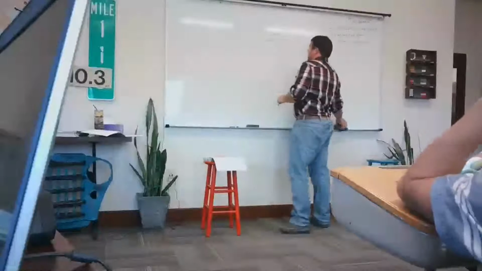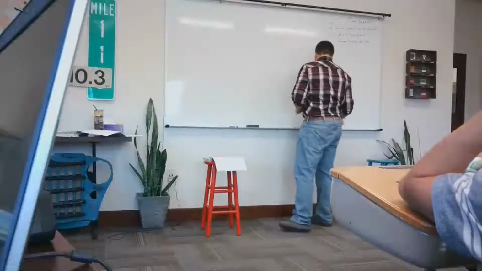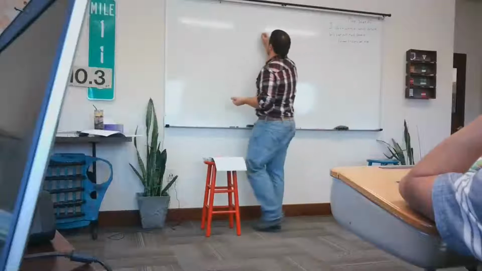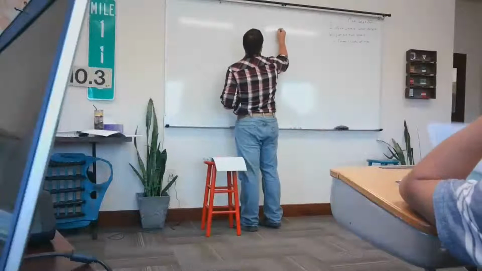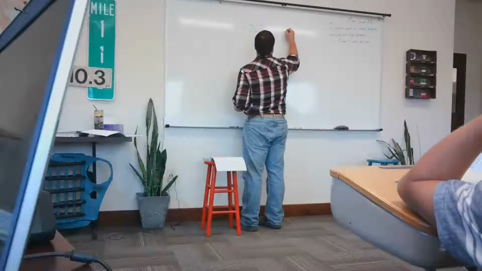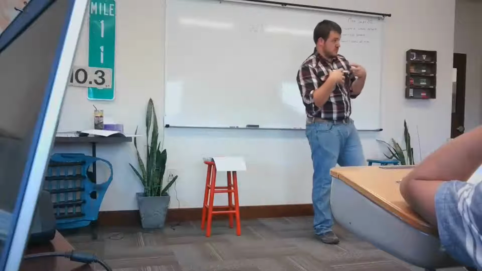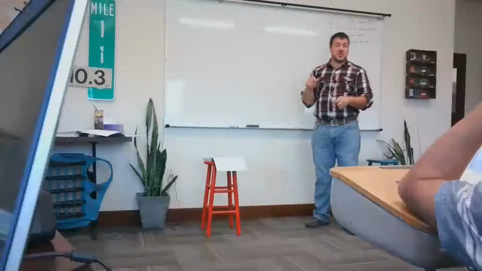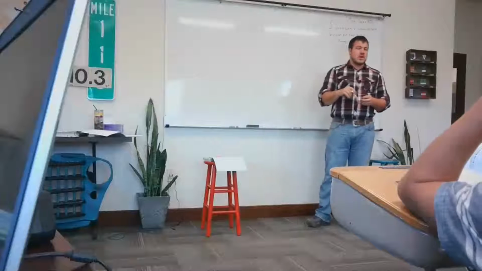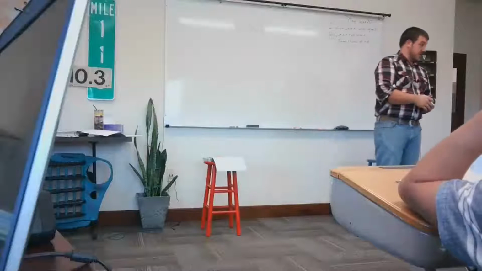The air is 78, 75, 76. I'm going with 76 because I like that number better. Percent nitrogen. I can't remember exactly. Most of the air we breathe is nitrogen. It's like 15% oxygen. It's pretty low. Oxygen, carbon dioxide, and a bunch of other gases make up the rest.